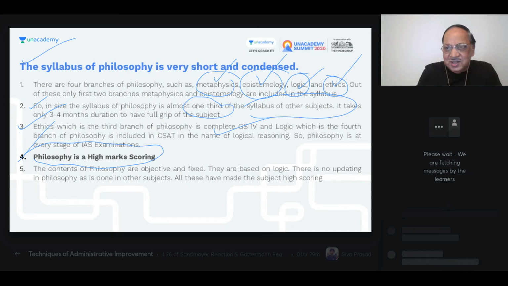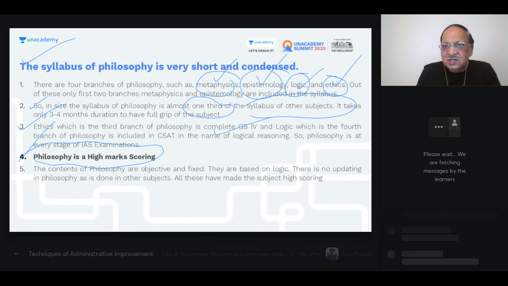So there is nothing that will differ and make you feel diffident about writing certain things, because everything is objective. Only five points you have studied in the theory of ideas of Plato. You just write five points and get 70% marks, not even 69%. That's what you are getting in this subject, philosophy.